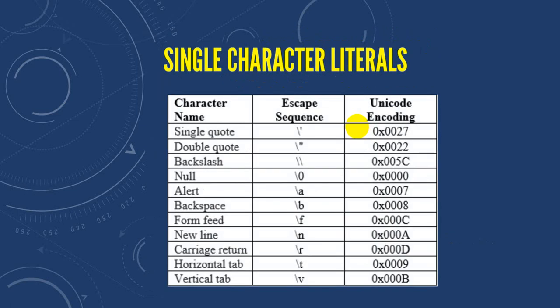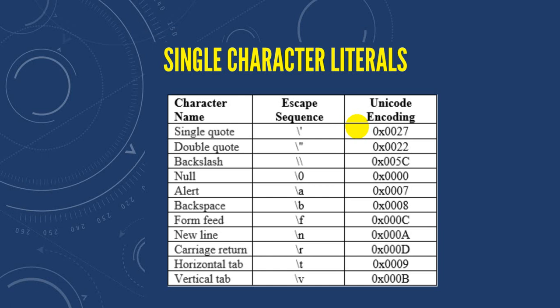So this chart is showing you some examples of single character literals and their respective Unicode. For single quote, you have the backslash symbol and the quote. Backslash is just an escape sequence.